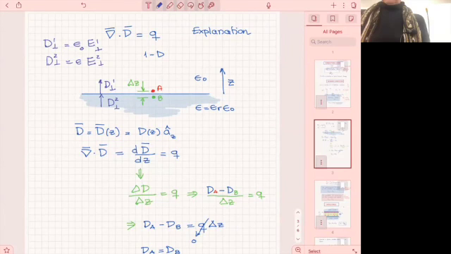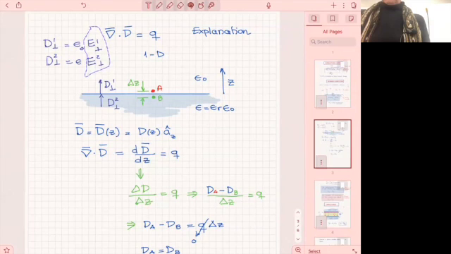So since the D's are equal at the interface, and because the two media have different epsilon, it implies that the perpendicular electric field is going to be discontinuous on this air dielectric interface, okay?